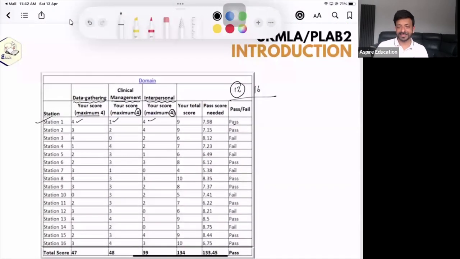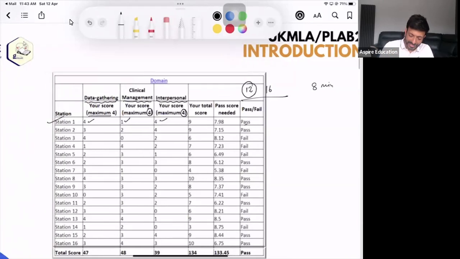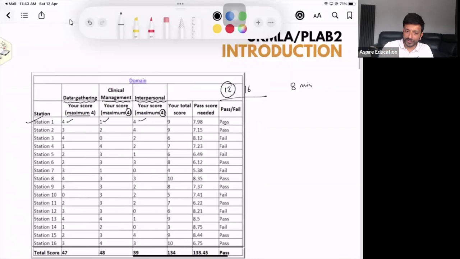And in the exam, another strange thing is you will not be having any watch, you won't be allowed any watch, and there won't be any clock in the room as well. You have got 8 minutes with your patient. Then how will you have an idea how much time is left? That's a bit of a challenge. As you don't have a watch and there is no clock in the room, there is a bell system.